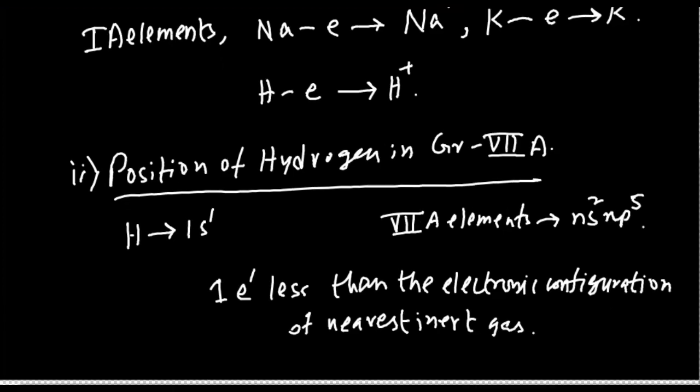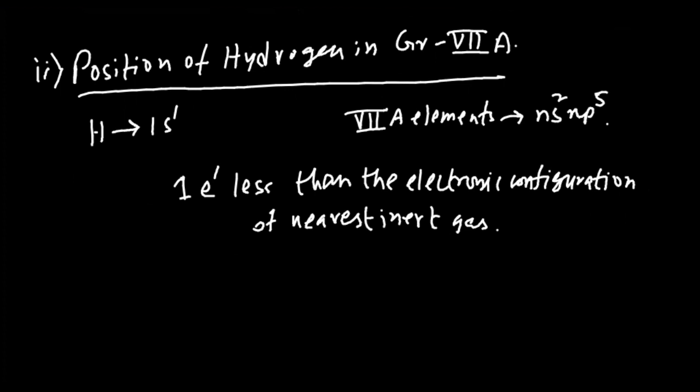So they will always tend to form anions by accepting 1 electron, because once they form that anion, they gain the stable inert gas electronic configuration. That is why fluorine will accept 1 electron to become F minus. It will easily form F minus, Cl minus, Br minus, I minus.